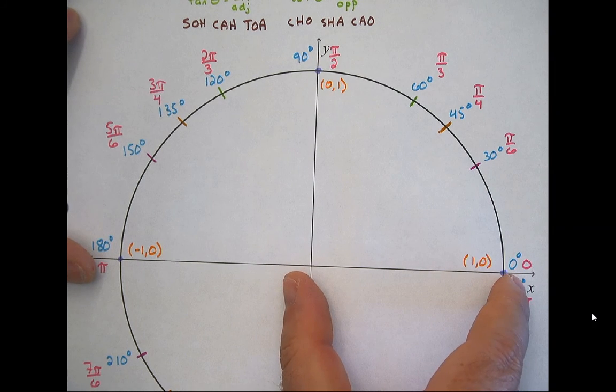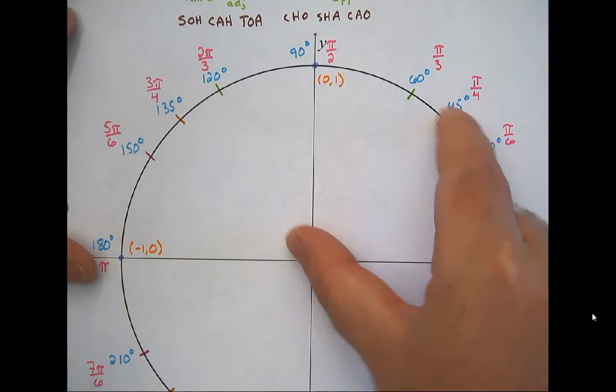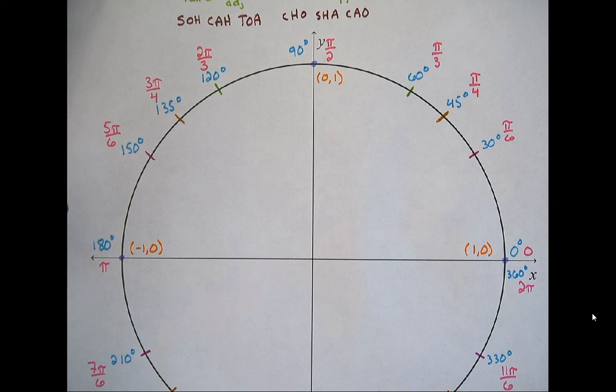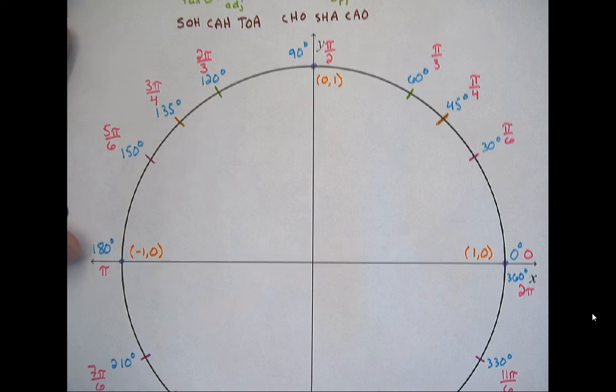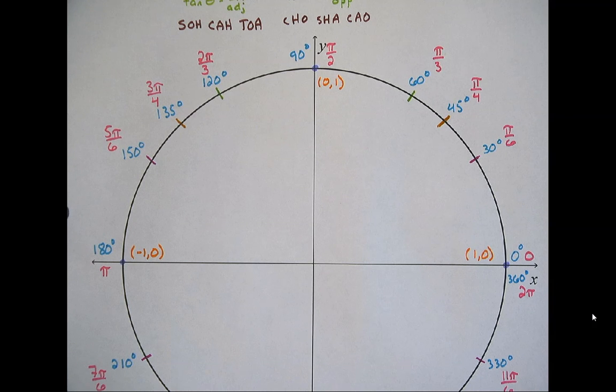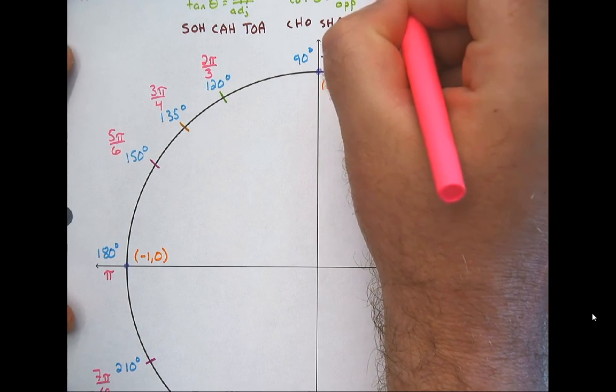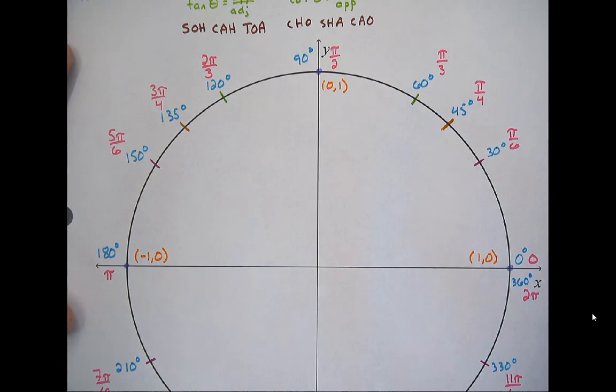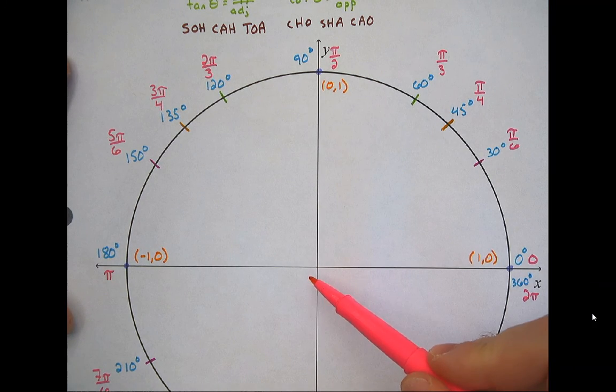Because this is a radius of 1, when I rotate that radius, no matter where I rotate in the unit circle, my hypotenuse will always be 1. So it turns out in the unit circle, now this doesn't work outside of the unit circle, but in the unit circle, sine of theta is the same as y. Sine and y are the same thing.